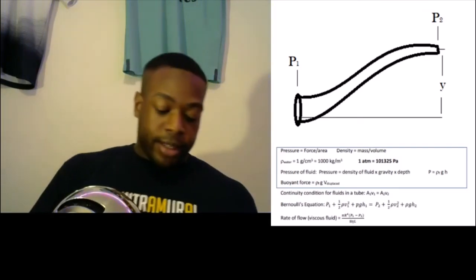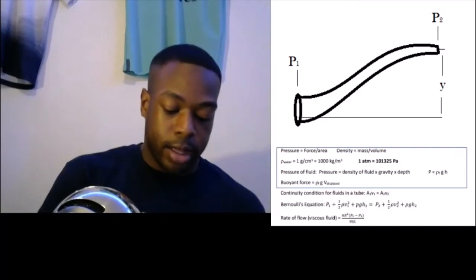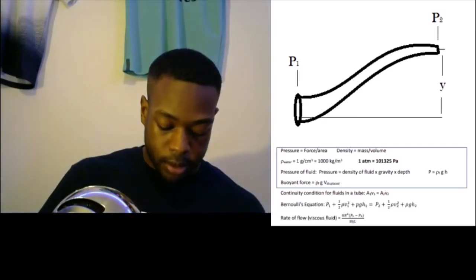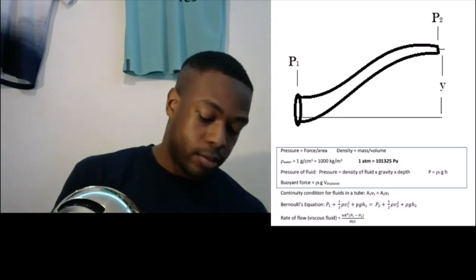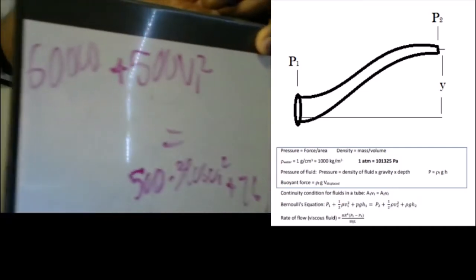So we have 60,000 on the left side. I just put those constants together, the original pressures.